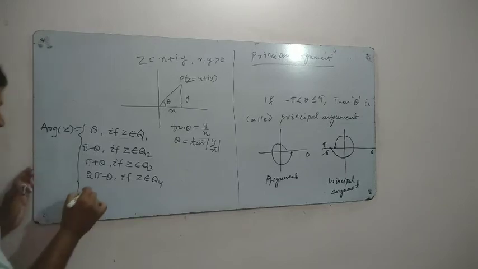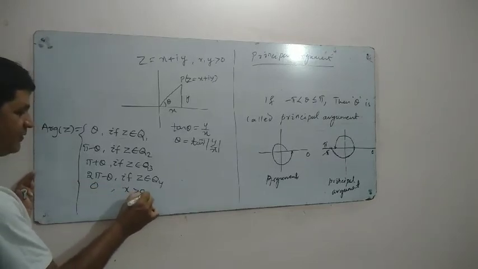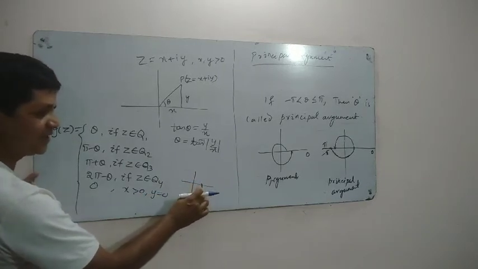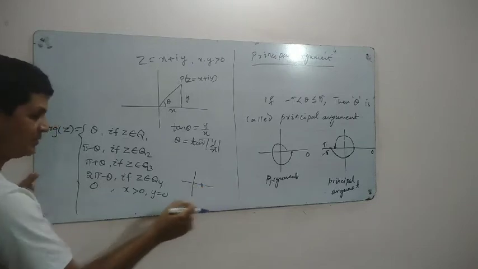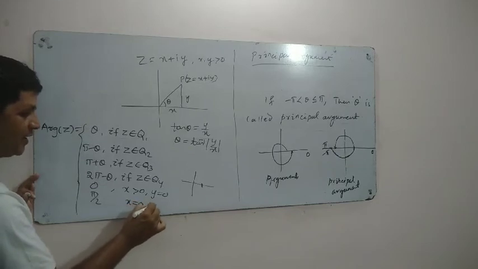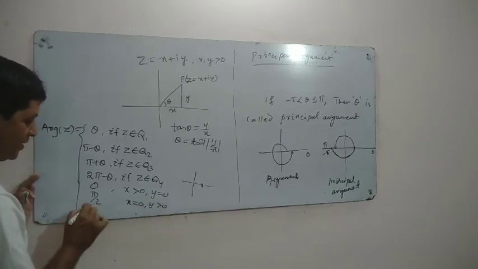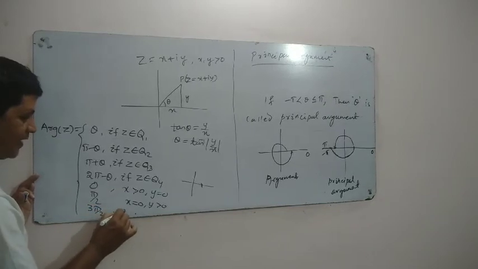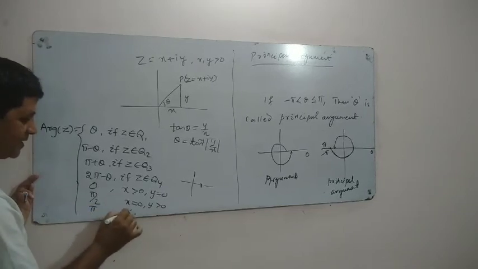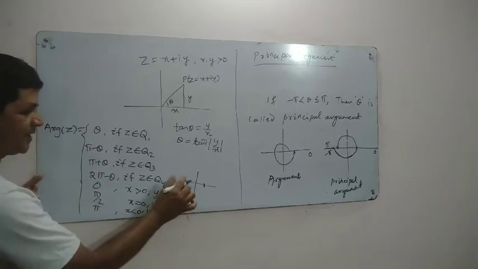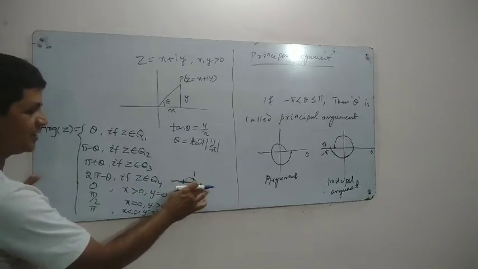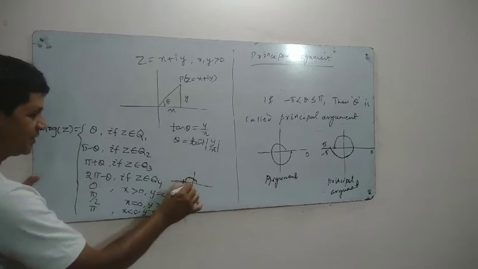And it is 0 if x is positive and y is 0. X positive, y 0 means the point lies on the x-axis, so the angle made by the line with the x-axis is 0. It is pi by 2 if x is equal to 0 and y greater than 0. It is pi if x is negative and y is equal to 0, because the angle made with the positive direction of the x-axis is pi.